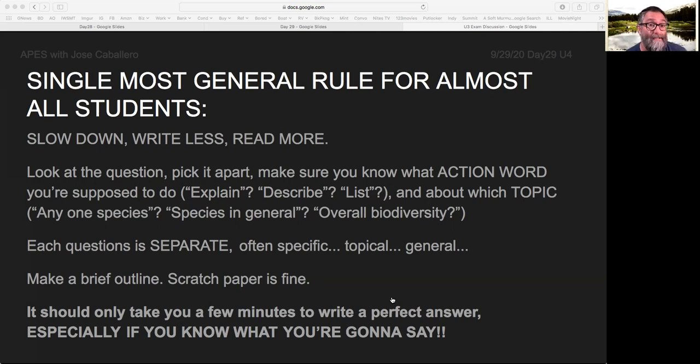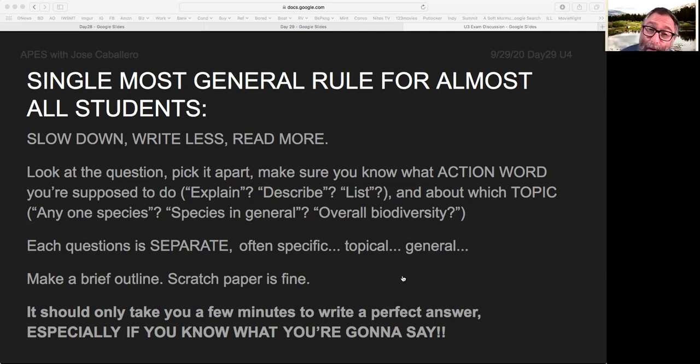They don't necessarily relate to the same thing, and you should answer them separately, like A, B, C. A common trend, just to prepare you in general, not always true, is that their questions will be specific in A, slightly more general about that topic in B, and then about global patterns in C or in D. So they tend to go from one specific thing that you would answer with a vocab term, something very straightforward, something specific, and they tend to kind of bullseye outward.